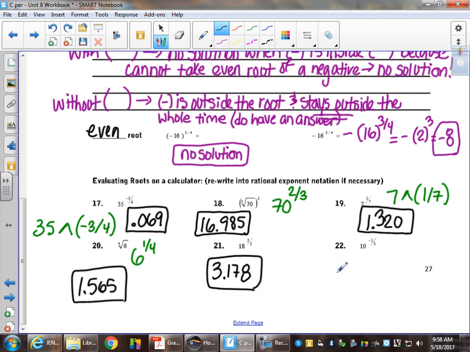And then last but not least, 22 comes out to be 0.464. So if you did not get these for 20 through 22, please send me a quick note on Remind.